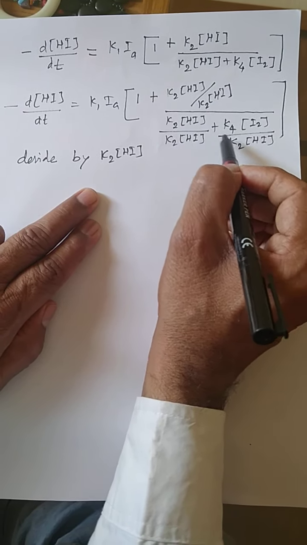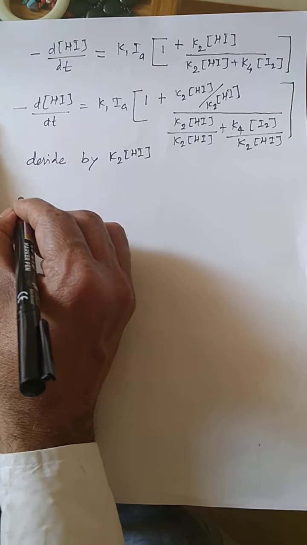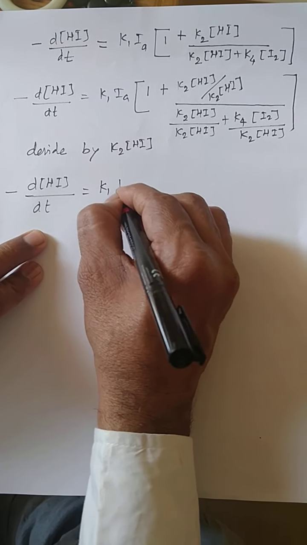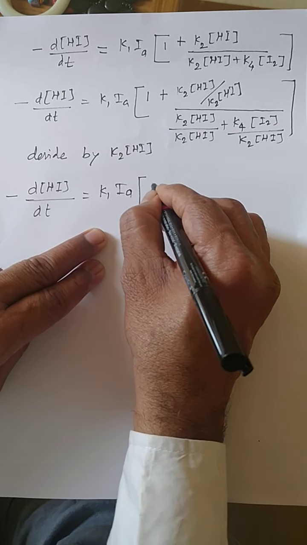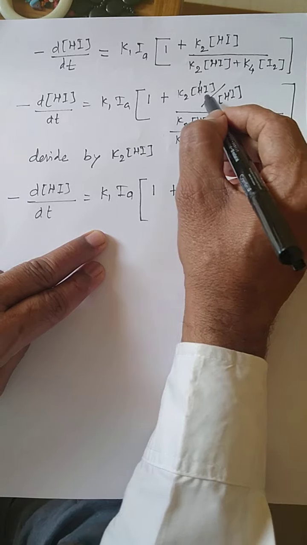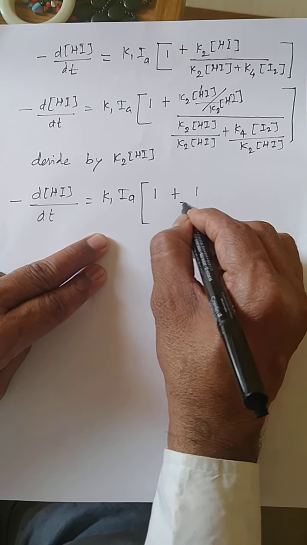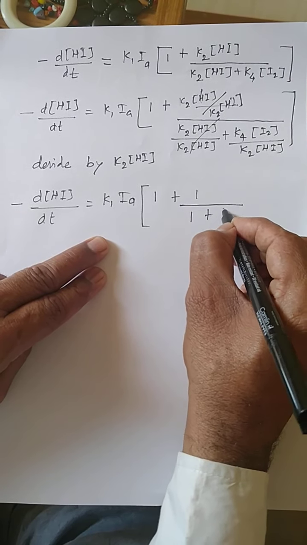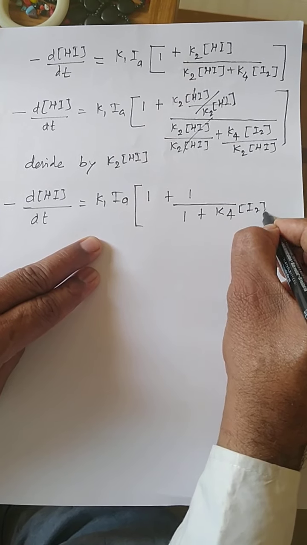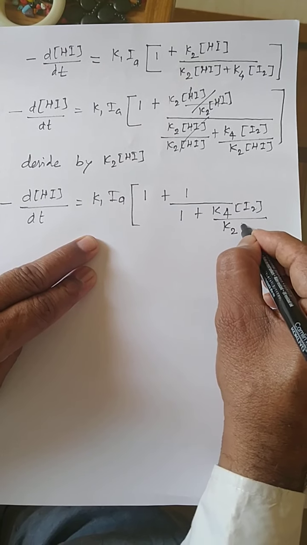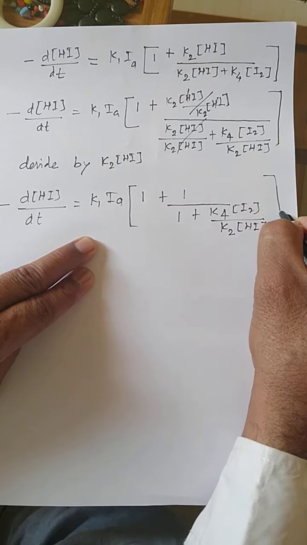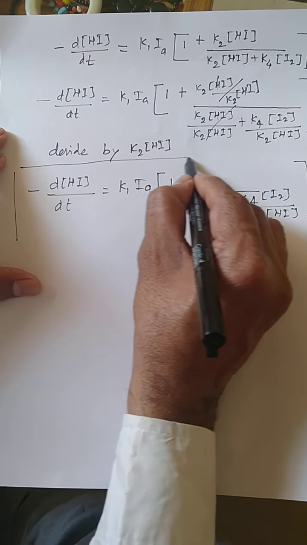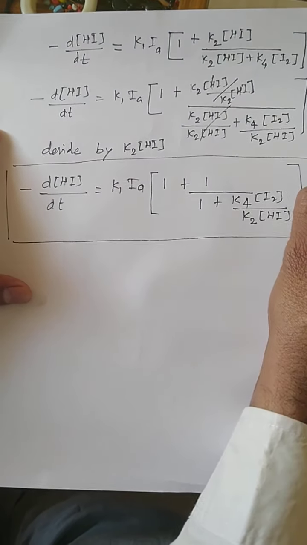Then we get the rate of decomposition of HI is equal to K1 intensity absorbed into 1 plus 1, as this gets cancelled, divided by 1 plus K4 concentration of iodine divided by K2 concentration of HI, as K2 concentration of HI gets cancelled. This is our final equation.